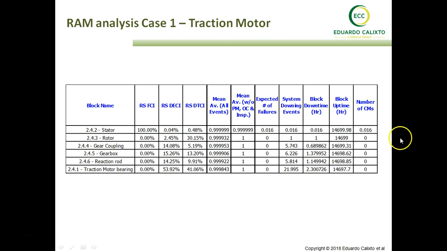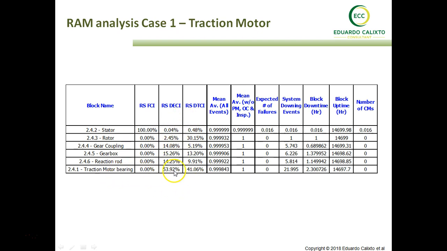We have more detailed information concerning the index and the criticality of each one of the equipment. So failure criticality is 100% related to stators. We already discussed that. We can see that concerning the number of downtime, here is considered not only the failures, that's very low, the expected number of failures, but also the inspection and preventive maintenance.